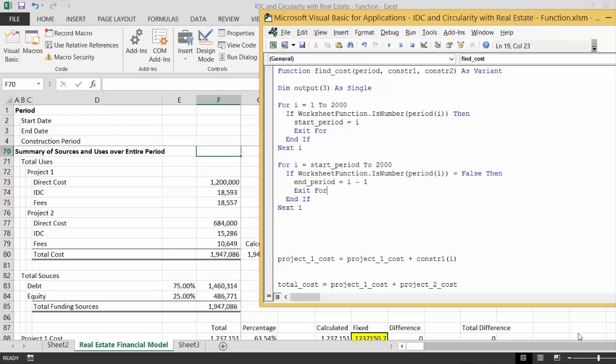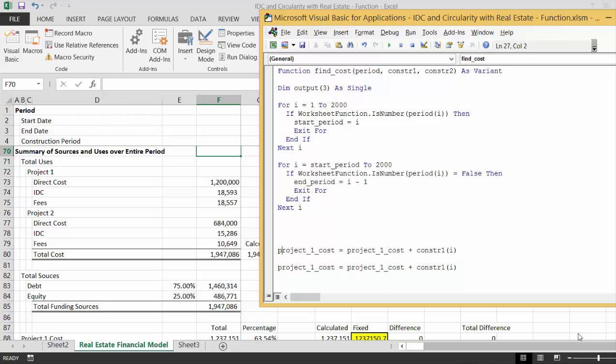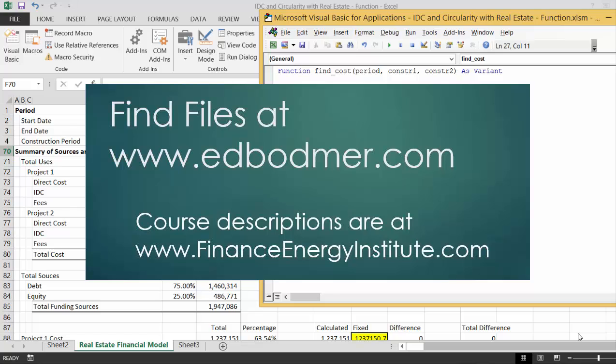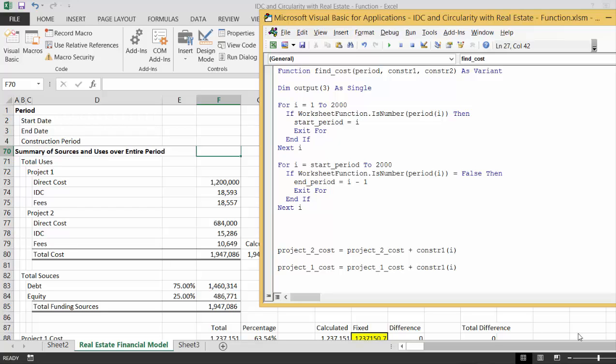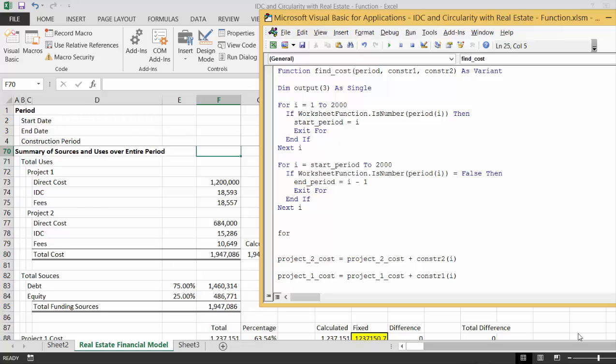We can put in both of these things. And then now we can make a For loop from start period to end period, for I equals start period to end period.